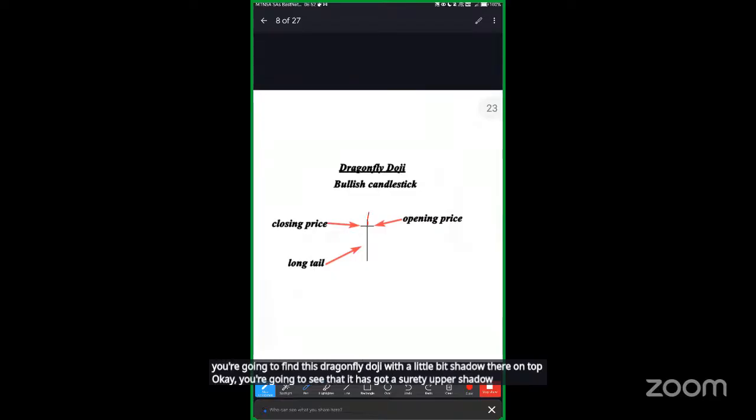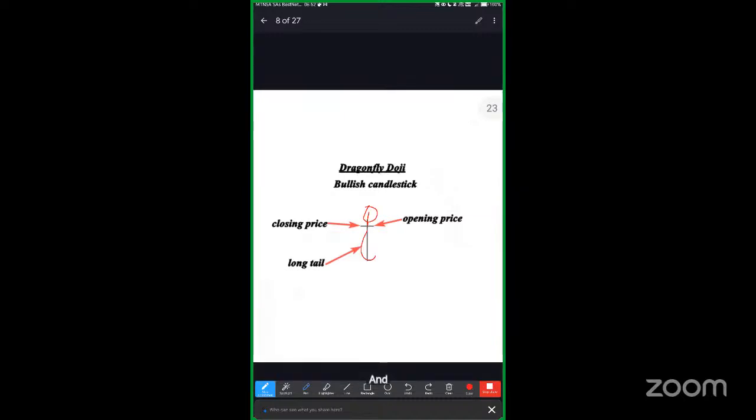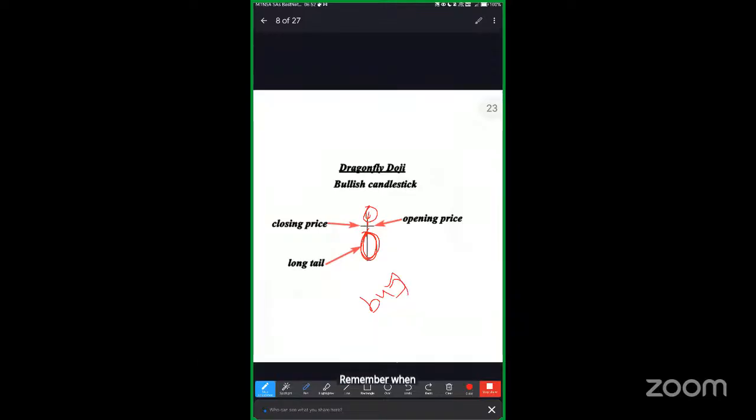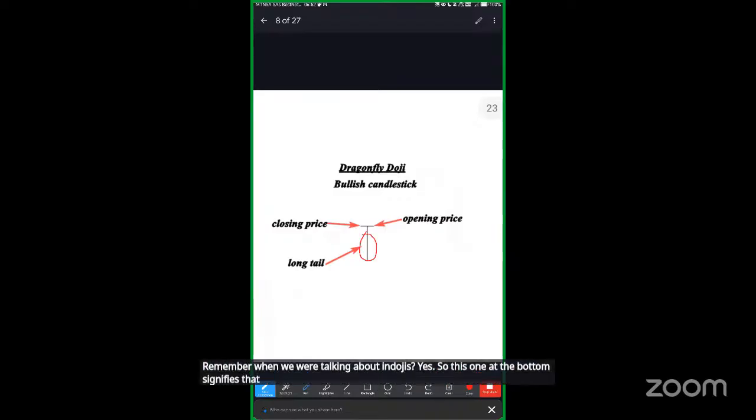But when you compare the one at the top and the one at the bottom, the bottom one is longer, because the one at the bottom signifies buying pressure. Remember when we were talking about the dojis? So the one at the bottom signifies that there is buying pressure.